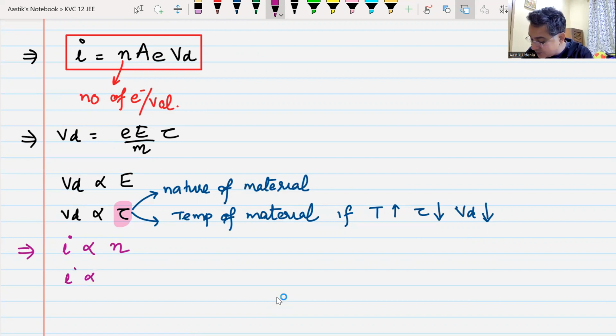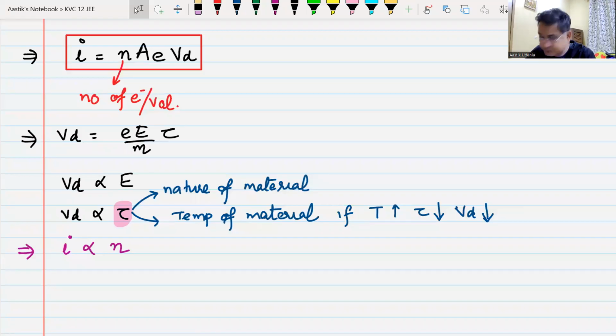I is directly proportional to N, we have seen.